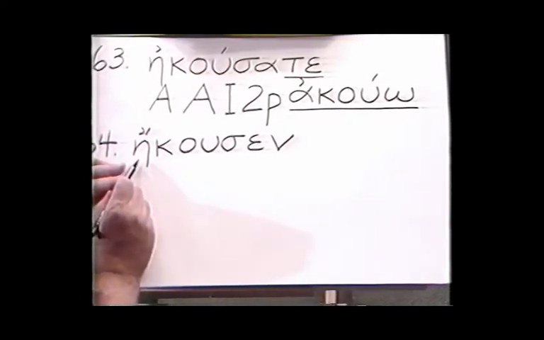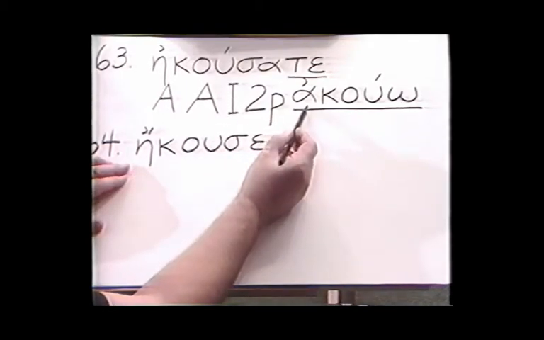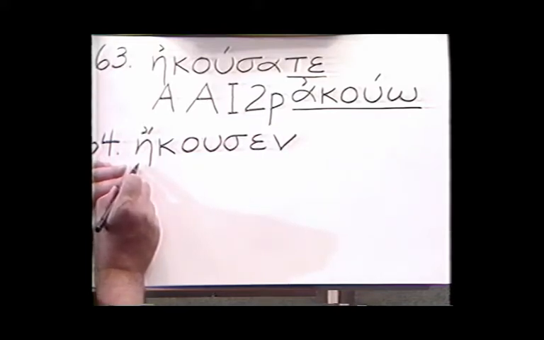Yes, there is. How do we know that? Well, the verb begins with an alpha, a vowel. And when a verb begins with a vowel, that verb is augmented to show past time by lengthening the vowel. And according to our chart on page 1-8, we can see that an alpha lengthens to an eta. So yes, we do have an augment.